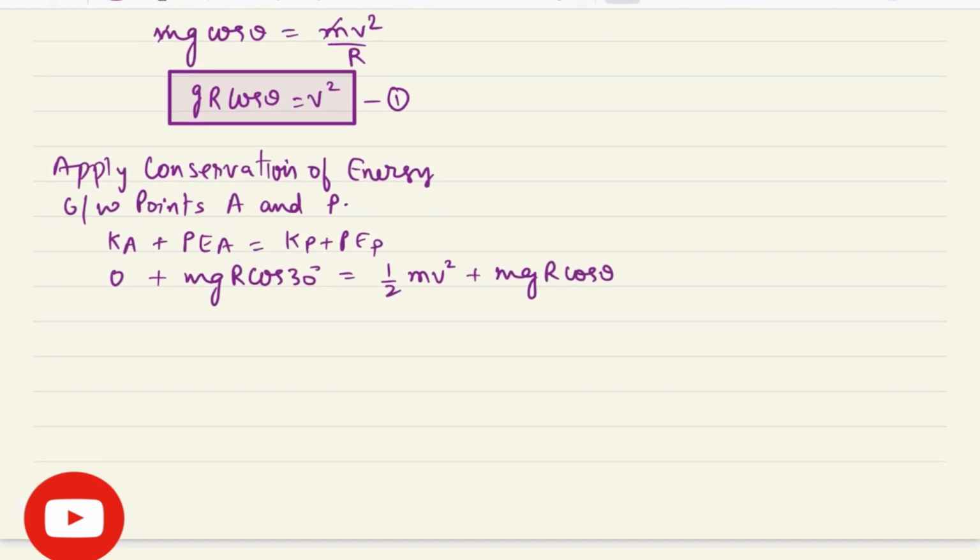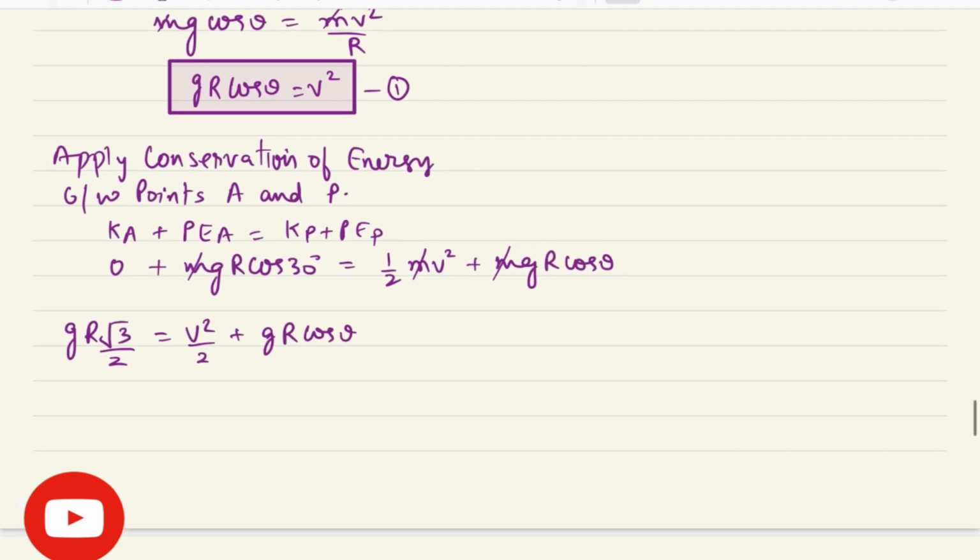So we will solve this equation. We can write it as, the m terms cancel. So gr cos 30 degree, cos 30 equals root 3 by 2, equals v square by 2 plus gr cos theta. So we can see from the first equation, gr cos theta is equal to v square.